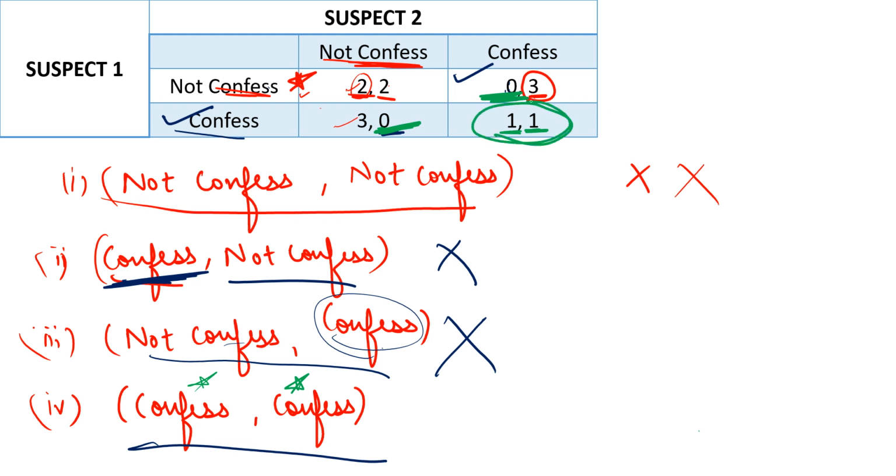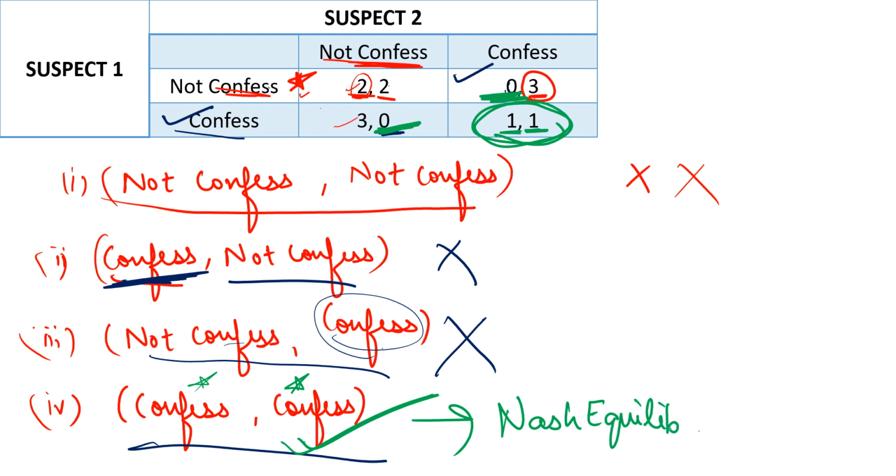So none of the players or suspects has any incentive to deviate from their equilibrium strategy. So we can say that confess, confess is a Nash equilibrium strategy, because none of the players has an incentive to deviate, and this proves that it is the Nash equilibrium strategy for this game.